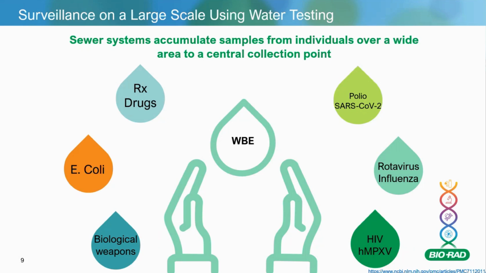Now, specifically with ddPCR, we're mostly looking for genomic biomarkers, that's DNA or RNA that's present in the water, so nucleic acids. And most of the time, these can be used to monitor a whole community.